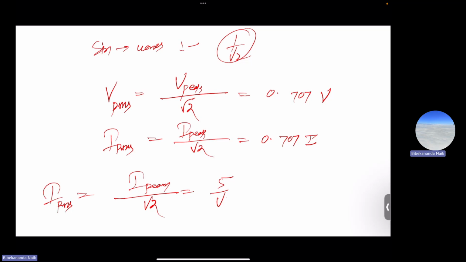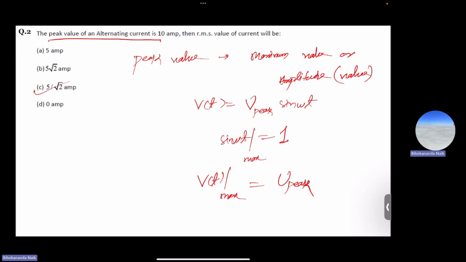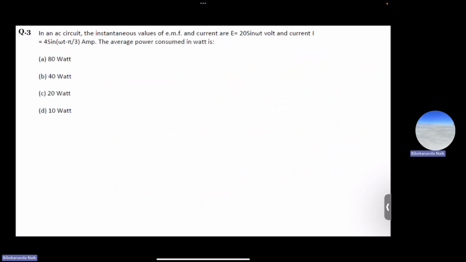So 5 by root 2 is the answer. So the correct option is option C. I hope this is clear to everyone. Now we will move to question number 3.